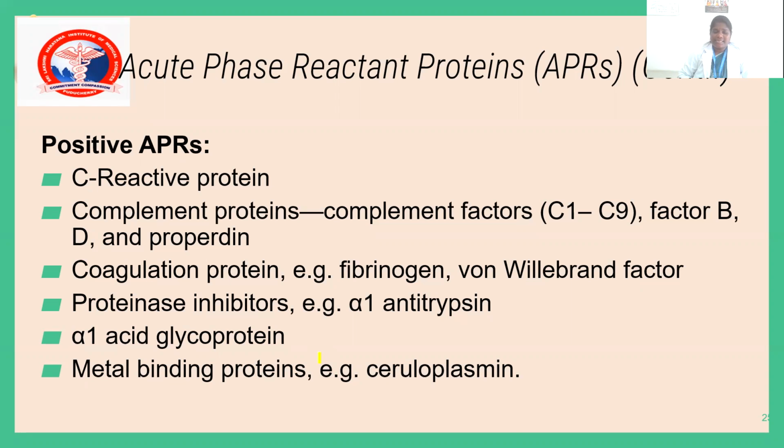So let's take the example: C-reactive protein, complement protein, coagulation protein, proteinase inhibitor, alpha-1 acid glycoprotein, metal binding protein. These are the proteins, or these are the factors, that will be increased during inflammation. This is called a positive acute phase reactant.